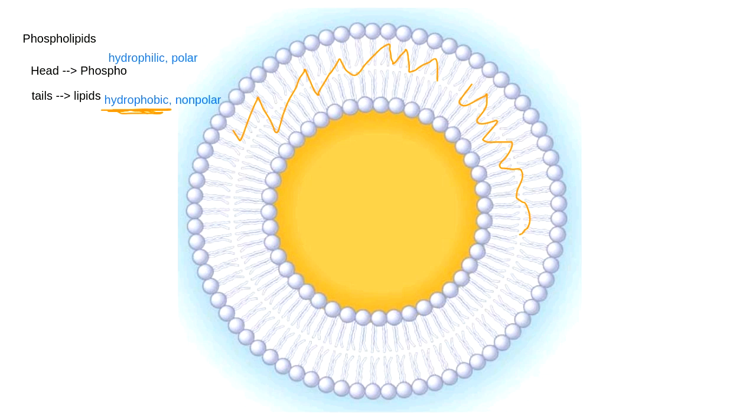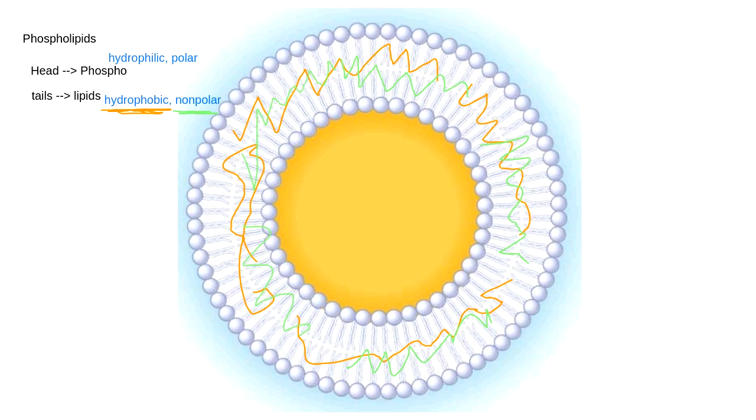These portions in the middle with my lipid tails are my hydrophobic parts. If I decided that my nonpolar things would be green, the parts of my membrane that I say are nonpolar are going to be those same parts that I said were hydrophobic, because those words are basically synonyms for each other.